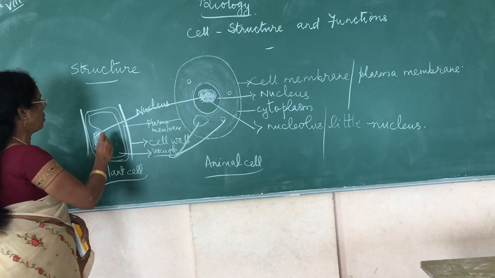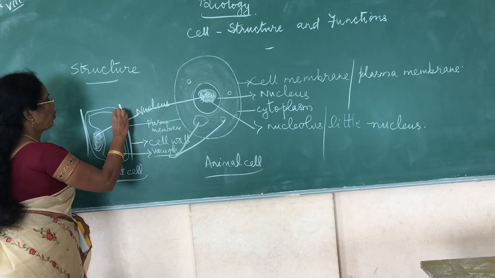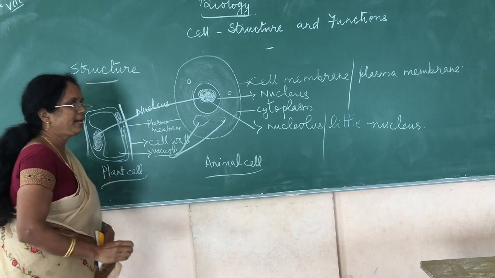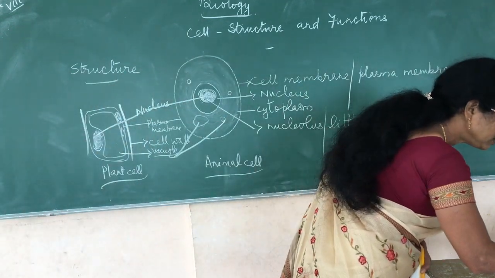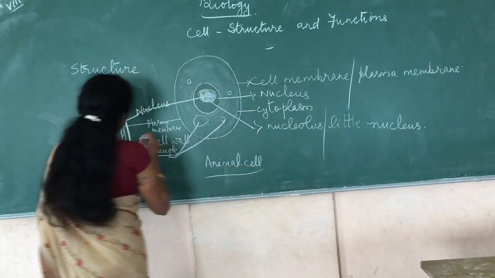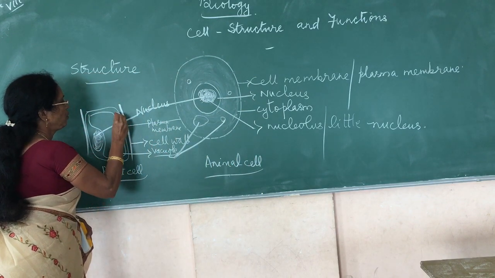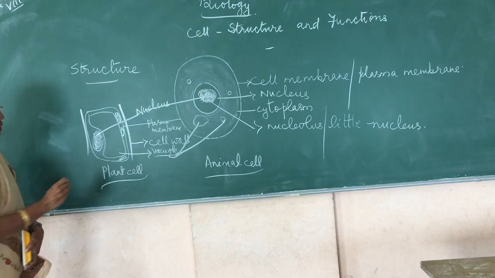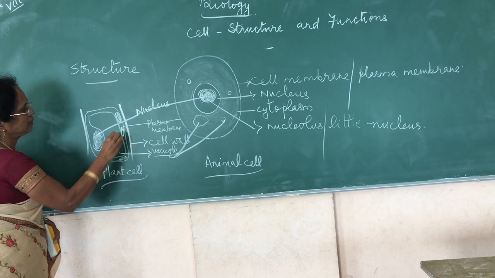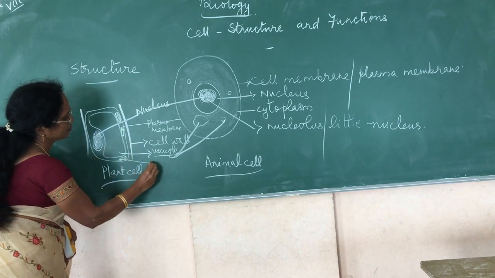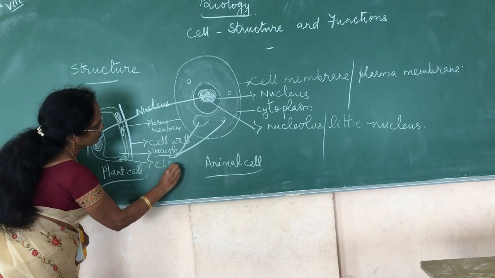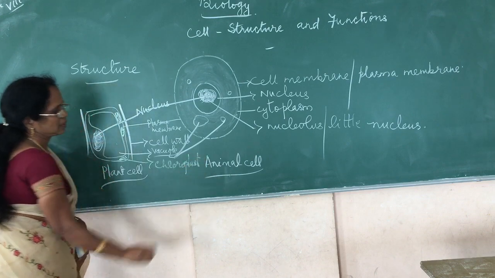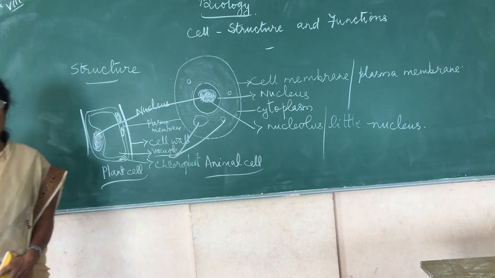Then what are chloroplasts? Chloroplasts, which are green in color, are present in plant cells but absent in animal cells.